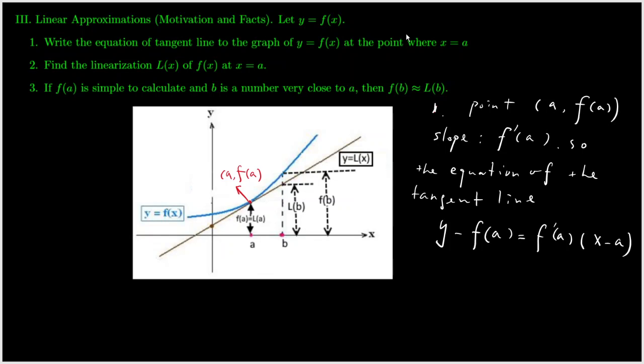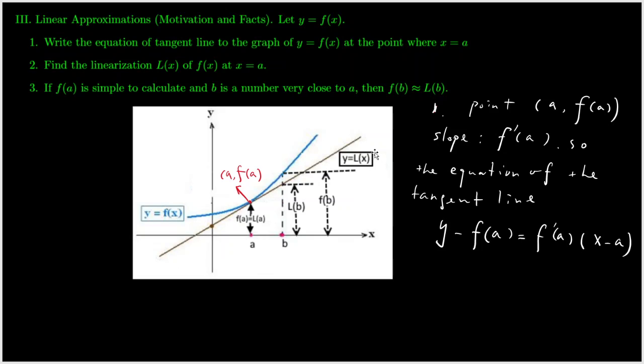Okay. So we're done with question A, item number A. Okay. In item number B, we are looking for a new term, linearization of the function when x value is a. This is actually a function for which the graph of the function is a tangent line.